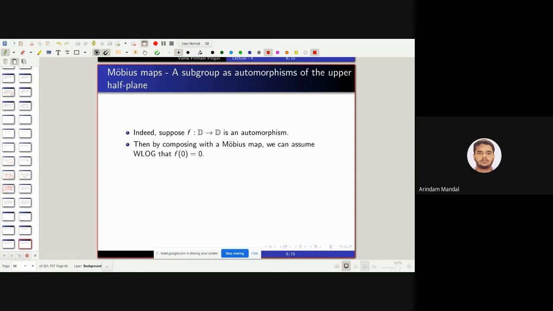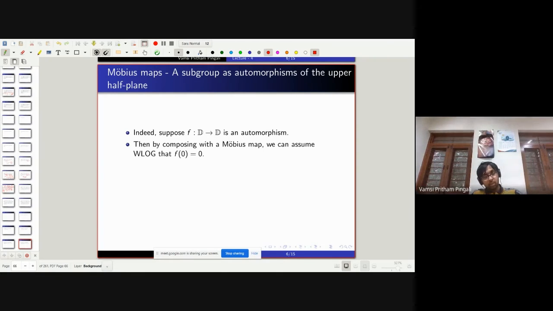Now compose it. Yes, that's correct. So in other words, suppose f of 0 is not 0. Suppose f of 0 is alpha, then alpha can be made to go to 0 by means of a Mobius map that takes the disk to itself, because we just proved that, right? You always have a Mobius map taking the disk to itself that takes any point in the disk to any other point, in particular alpha to 0. So if you compose these two maps, the new map will now satisfy f of 0 is 0. And suppose you manage to prove that this new map is a Mobius map, then the old map should have been one too. Okay? All right.